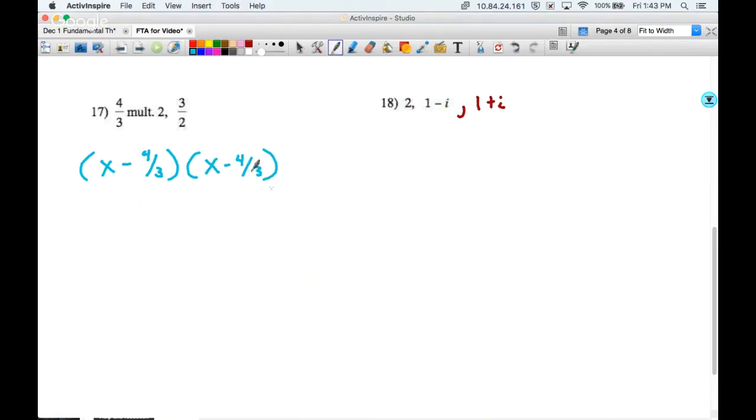So I got to put the factor in there twice, and I need to have x minus 3/2 as a factor. All right, what I can do here to make my life a whole lot easier, multiply this whole factor by 3, this whole factor by 3, this whole factor by 2. That doesn't change where the roots are, but now I'm not dealing with fractions.